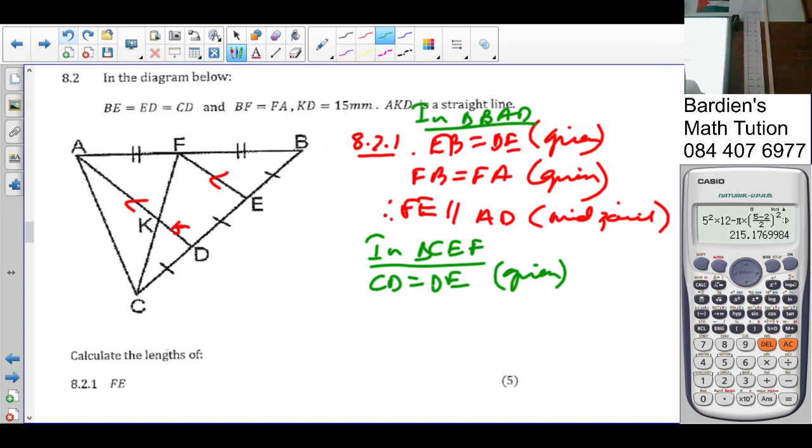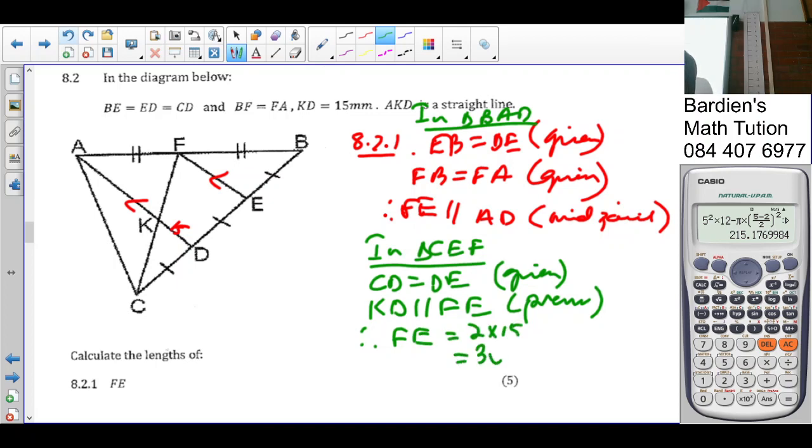Then we know that KD is parallel to FE, proven. Therefore, FE is twice 15, which is 30. Why? The converse of the midpoint theorem. Okay, so that is now 30.